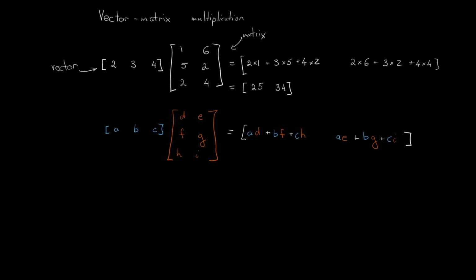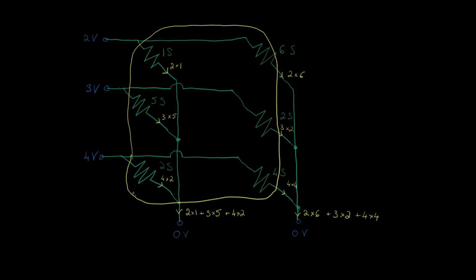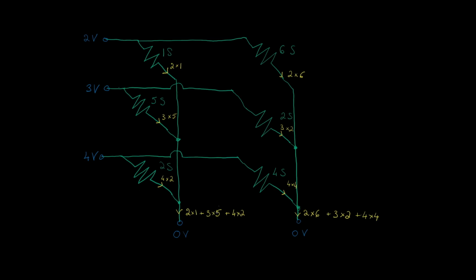What this means is that by encoding the vector into the voltages that are applied on the left and the matrix into the conductances of these 6 resistors, we were able to extract the product of this row vector and a matrix by looking at these currents at the bottom, the one here and the one here. They correspond to these 2 elements in the output row vector.